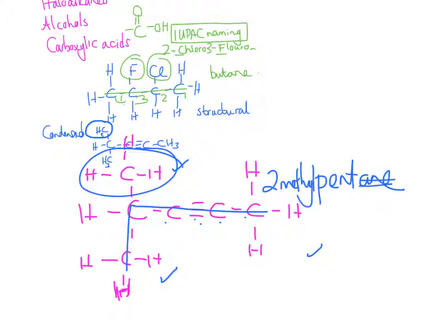There's a triple bond, so it's not 2-methyl either, because the triple bond has to take priority, so it's 1, 2, 3, 4, 5. So it is pent-2-yne, and then it is on the 4th carbon, 4-methylpent-2-yne.